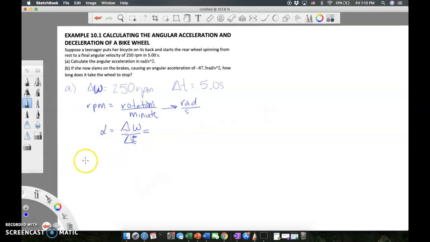So why don't we go ahead and do that? Our delta omega is going to be 250 rotations per minute. We can start with the easy one first. In 1 minute, we have 60 seconds, right? So now we're in seconds. Now we need to get from rotations to radians.